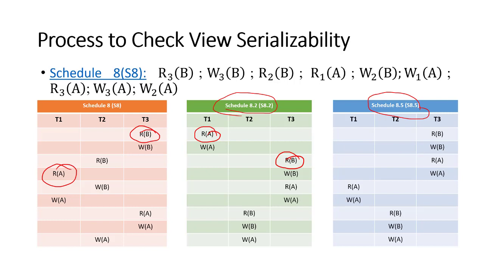Now what about the schedule 8.5? You can see that in schedule 8.5, the initial value of data item B is read by transaction 3, but in the case of data item A, the initial value is also read by transaction 3, which does not satisfy my condition that the initial read should be the same for both of the schedules.